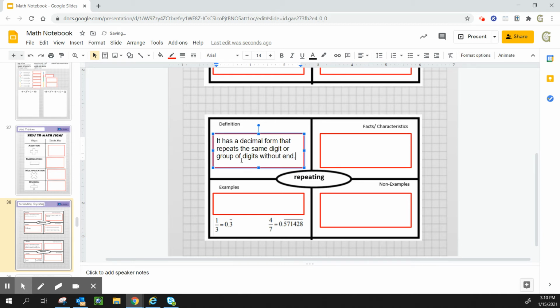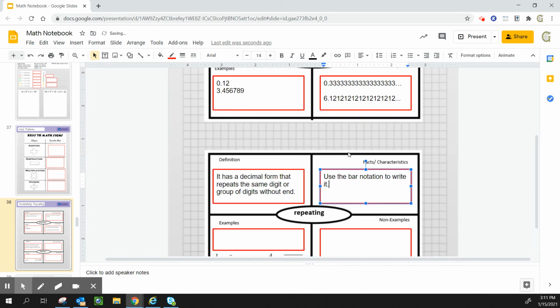So it's not just a bunch of numbers that go on forever. That's actually something different. The key here is it has to go on forever and be repeating there. And so then we kind of talked about that, use the bar notation to write it.